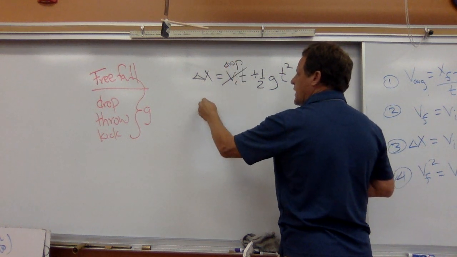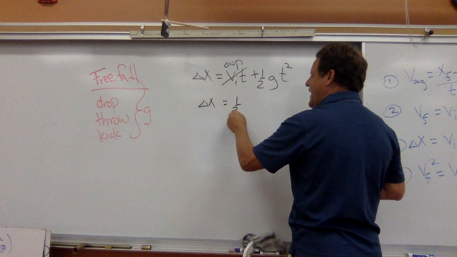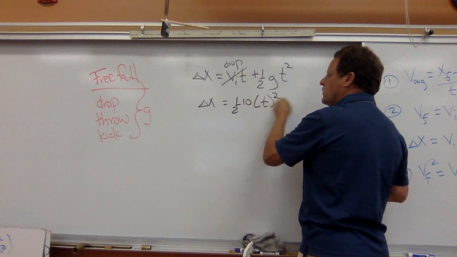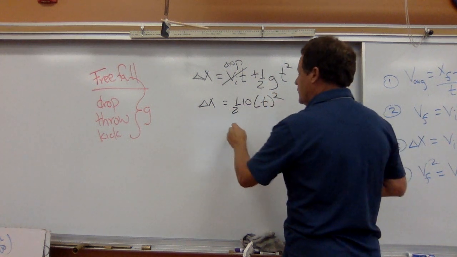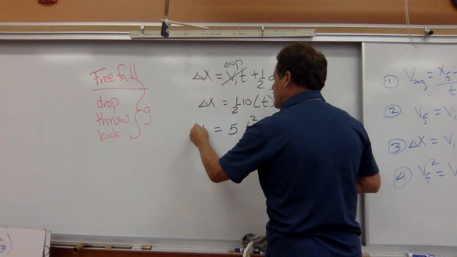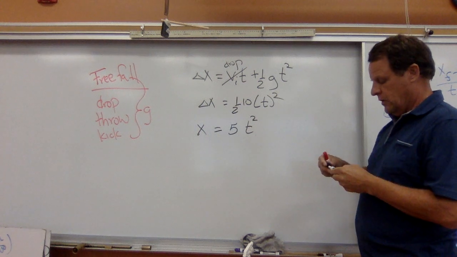So now we can just say delta x is equal to 1/2 of 10 times time squared. So essentially what we have is x, our distance, is equal to 5t squared.